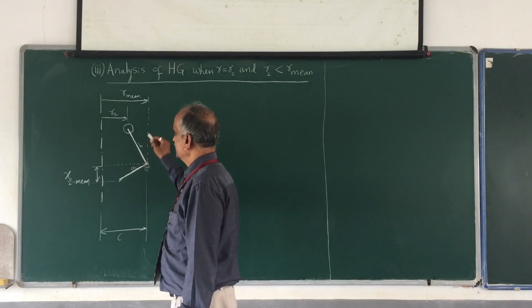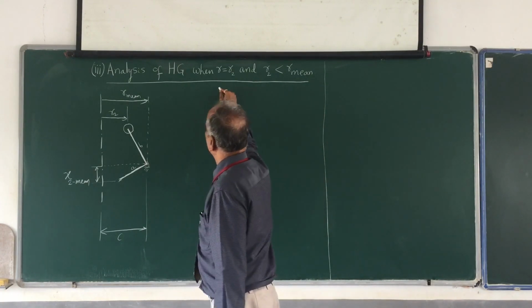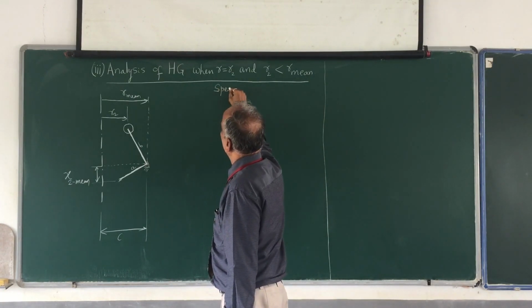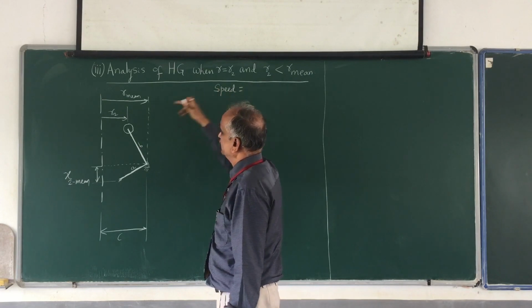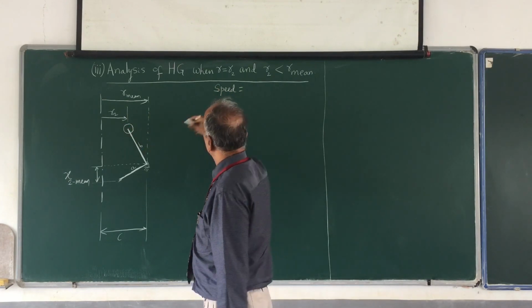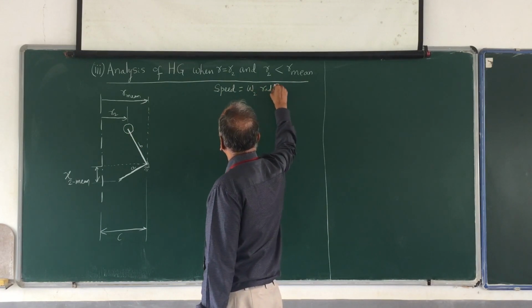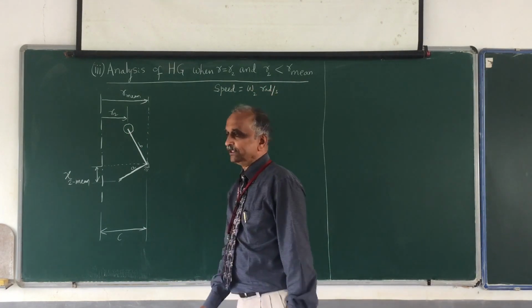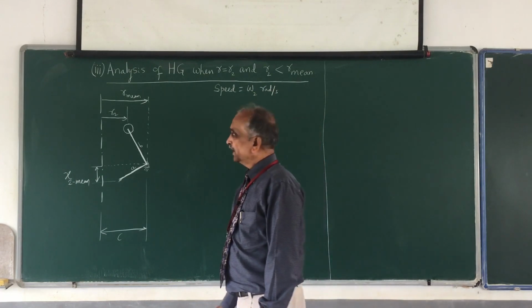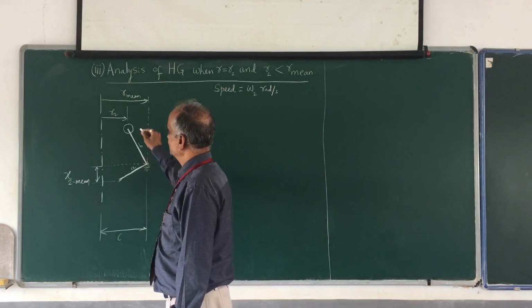Now the speed of the governor, or the speed of rotation of the balls, I shall call omega 2 radians per second. And let me indicate the forces.